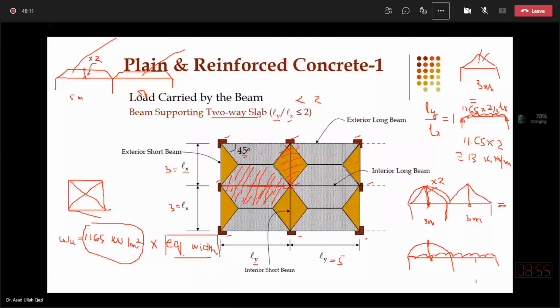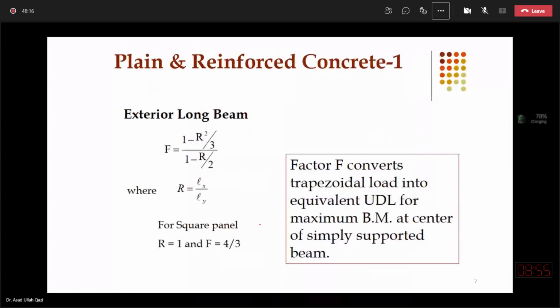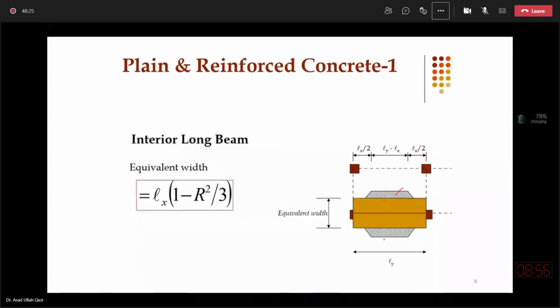And for trapezoids, the derivation finally tells us that if it is an interior long span beam, the equivalent width you will use to determine the UDL on the interior long span beam will be Lx into 1 minus r square over 3.